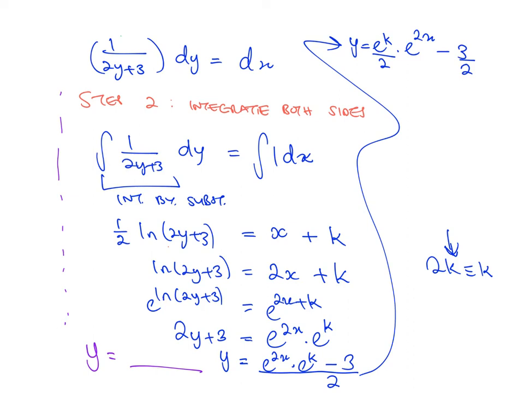Now, again, we go back to the idea of an arbitrary constant. We have Euler's number raised to k, which is another arbitrary number, divided by 2. So this entire coefficient, which is just an arbitrary number, I can call some other constant, a, multiplied by e to the 2x, minus 3 over 2. And that is the solution for y.